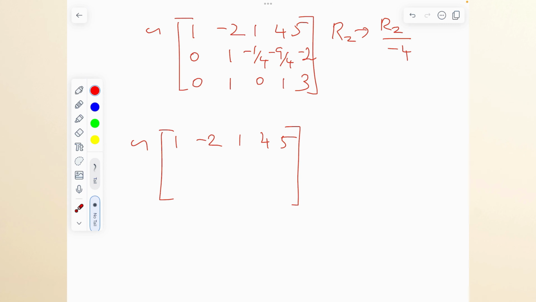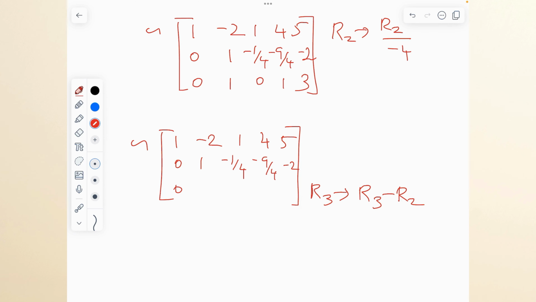So what we should do is subtract R2 from R3. Let us write the second row as it is: 0, 1, minus 1 by 4, minus 9 by 4, minus 2. So this third row, R3, is R3 minus R2.